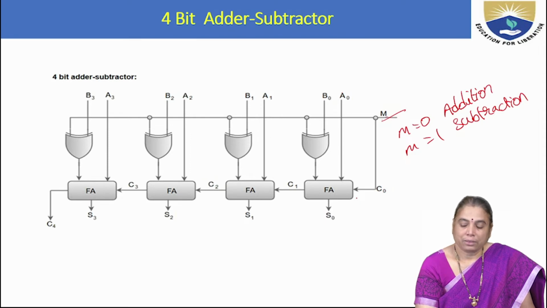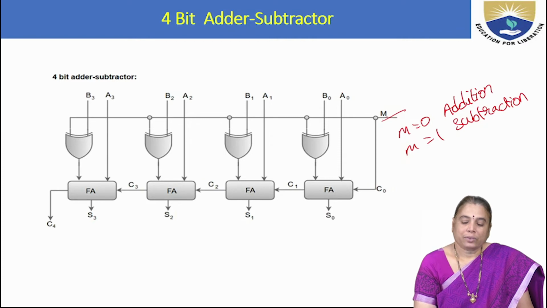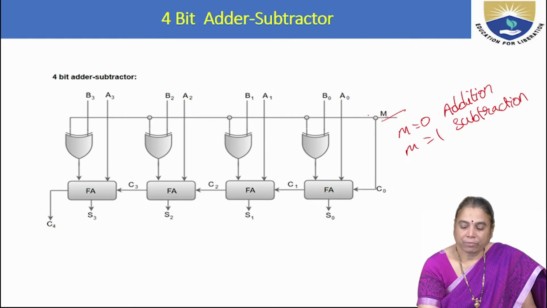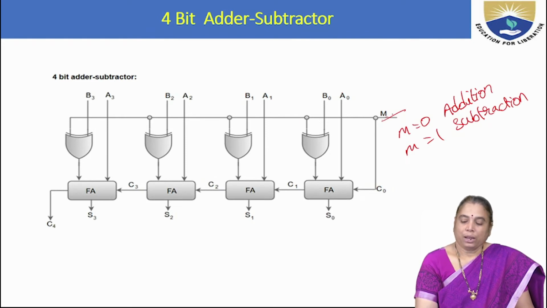The sum bit and the carry produced by the full adder are fed forward to the next stage full adder. So here also the full adders are connected in a cascade chain. The exclusive OR gate is used to represent the 2's complement of this number, with the 1 supplied by the M control line.